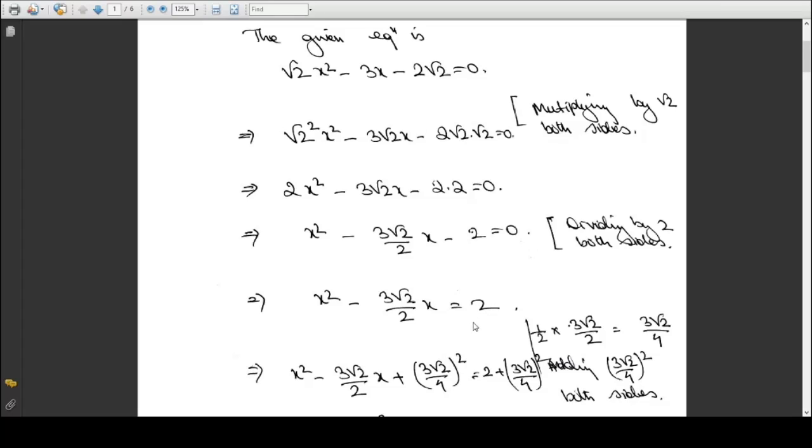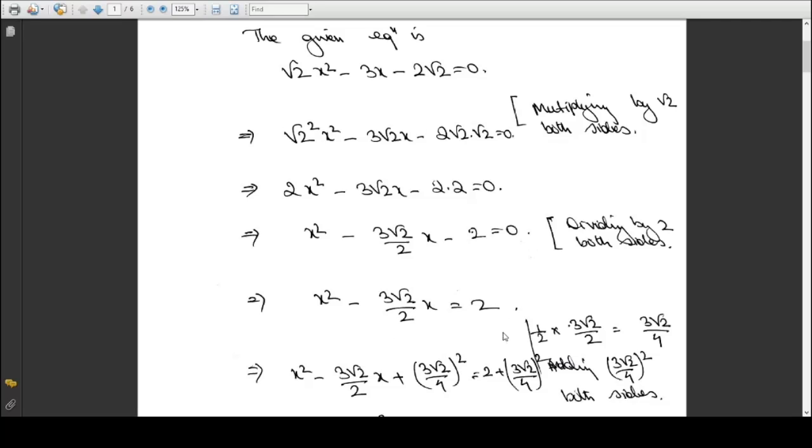By following the method of solving using completing the square, you'll take half of the coefficient of x. What is the coefficient of x? It is 3 root 2 by 2. Half of that is 3 root 2 by 4. That means this half of the coefficient of x, the square of that, you add to both the left and the right. That is the procedure.